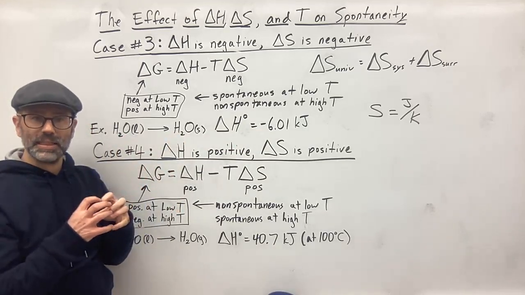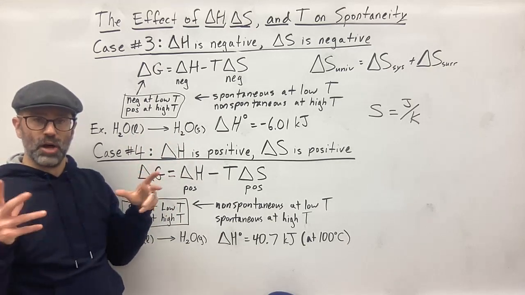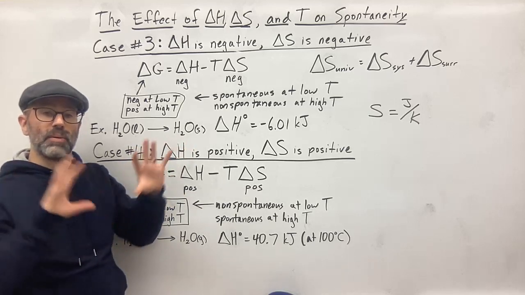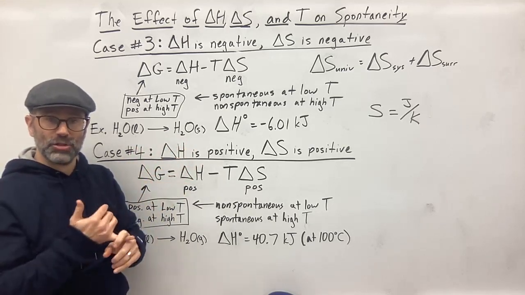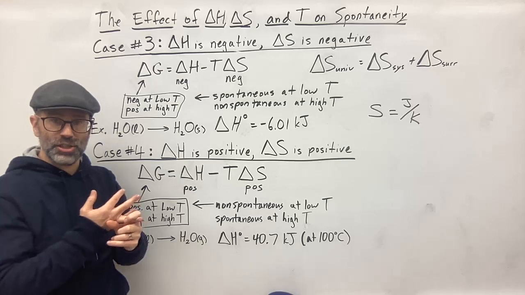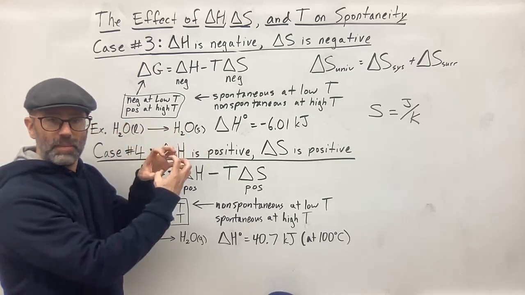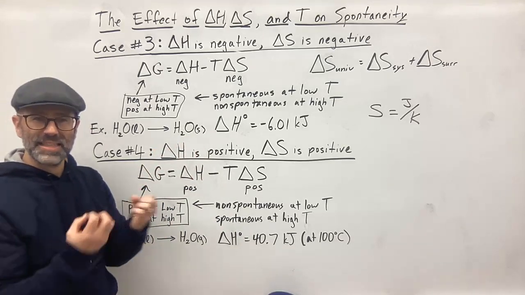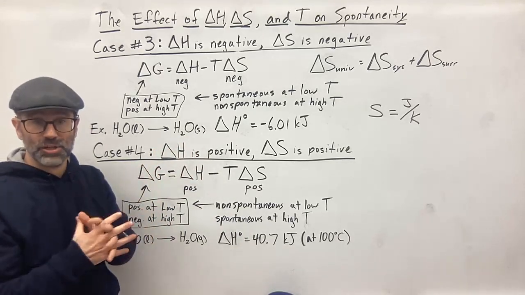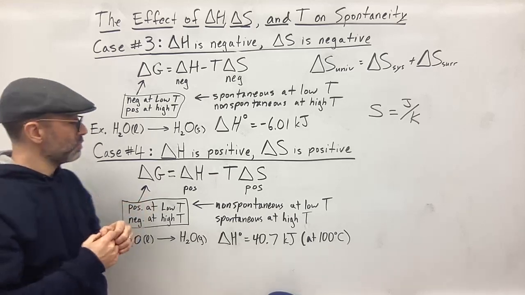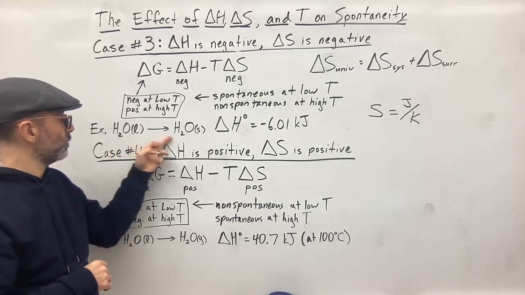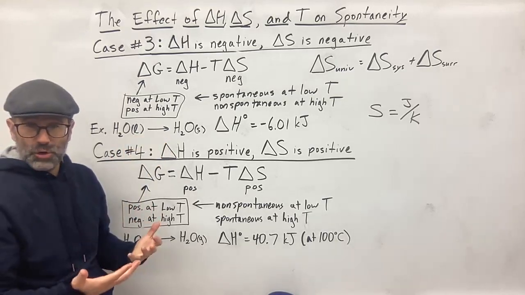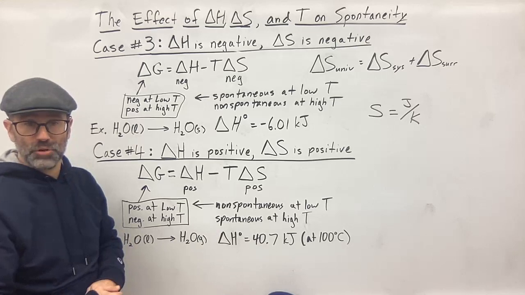That's a decrease in the entropy of the system because you're going from molecules that can move around and have many degrees of freedom and many kinds of energy, like rotational energy and translational energy, to a solid that just has vibrational energy. So it's fewer types of energy, fewer places to put the energy, so less entropy. And so this process is only going to be possible at low temperature, as we know, below 0 degrees.